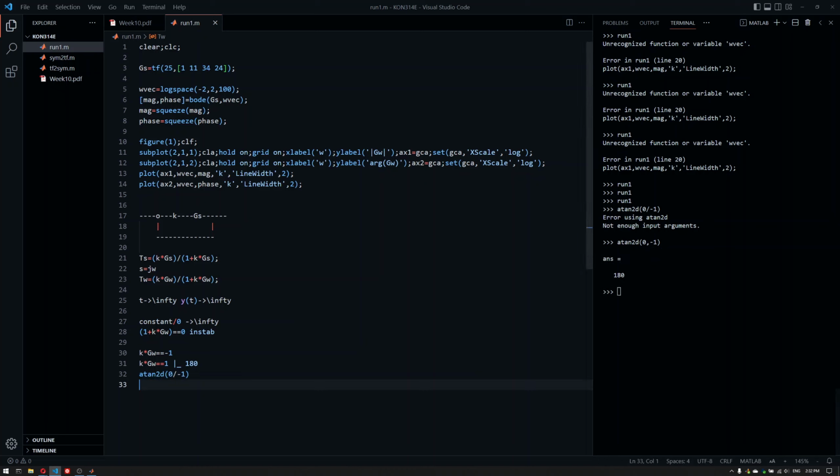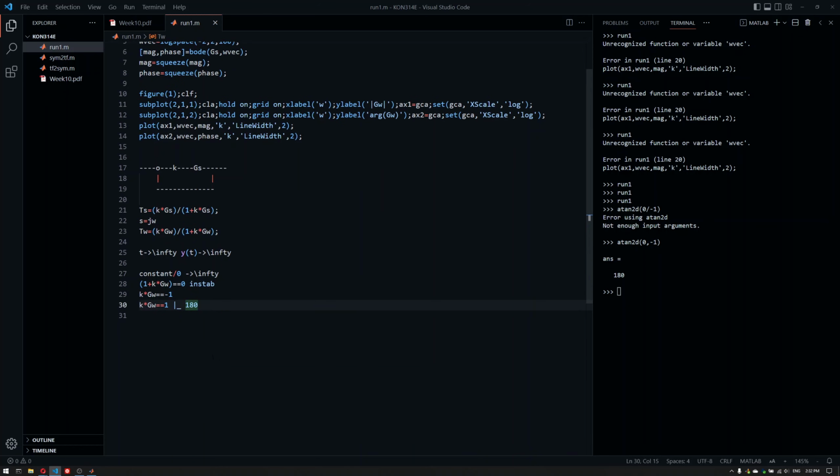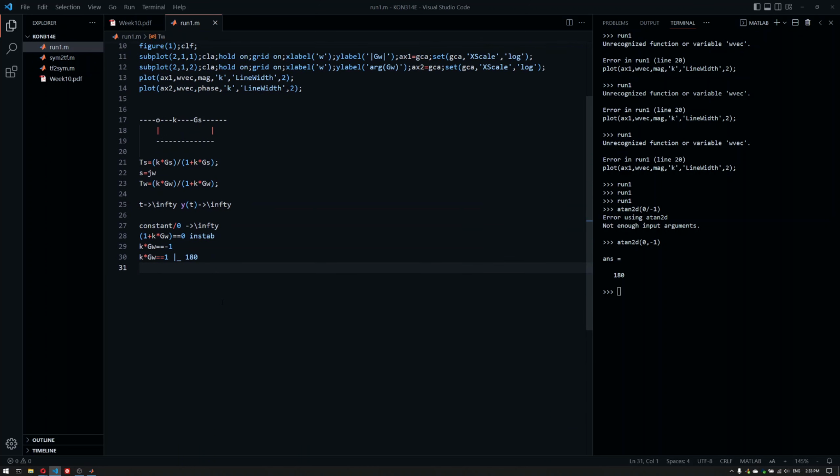So you can see it is basically 1 and 180 degrees. This is important. We need the gain to be equal to 1 and the phase to be 180 degrees. If that's the case, this multiplication will be equal to -1, and since the denominator is 1 plus k times G(jω), this will become 0. We will have a division by 0. This is all we need to know. The stability criterion, the Nyquist criteria, all depends on this. If you know what this means, then you're basically good to go.